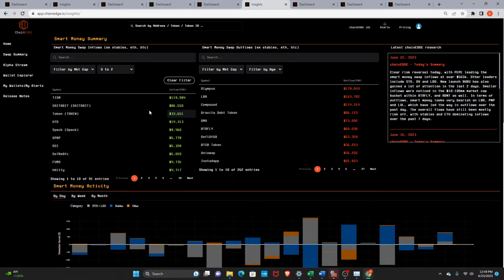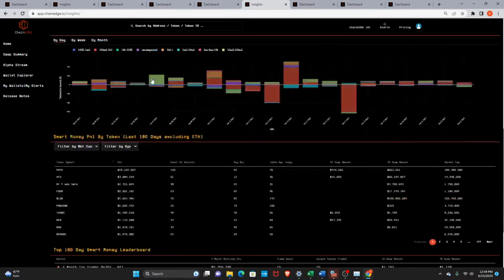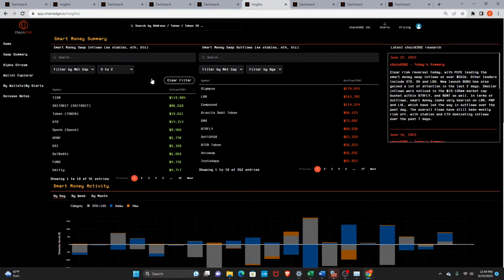There's going to be a new launch dashboard, a stealth wallets dashboard, and I'm probably even missing some. There's going to be a Binance Smart Money dashboard. What else? Those are the major ones. And then the Twitter tool. That one's probably last on the list.